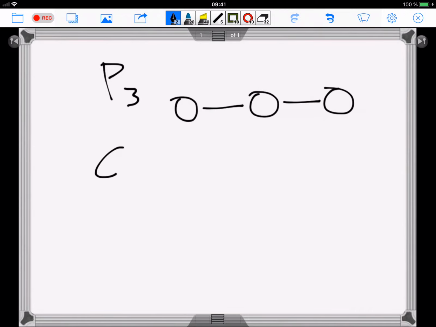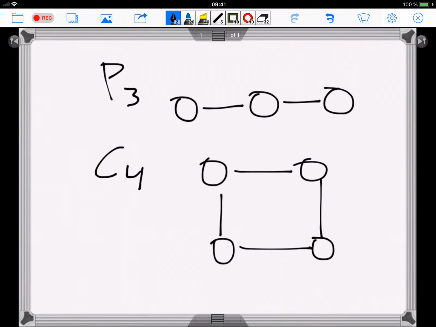And if we have C4, for instance, we have this graph here, in which we have 4 vertices forming a cycle of length 4. Okay? Notice that these names sometimes are not unique. What do I mean? That for instance, in this case here, C4 is also equal to K2,2.